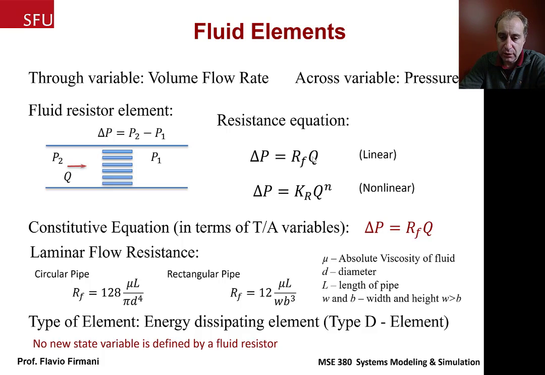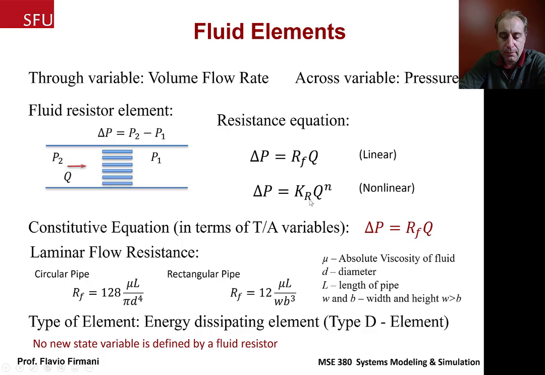It is possible that we could have a nonlinear representation, and this is part of a more complex model of our system, which is going to be given by this relationship, where Kr is an equivalent of the fluid resistance, and then q to the n, that would make it nonlinear.